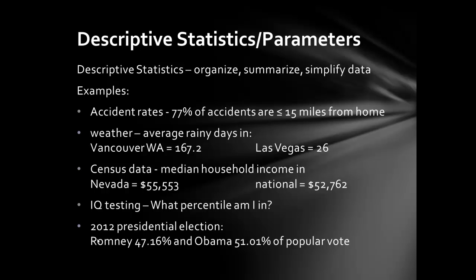Now, the bulk of statistical analysis isn't descriptive in nature. In research studies, typically the descriptive statistics of the sample are described somewhere in the report, just so the reader can get a sense of how representative the sample is of the population.